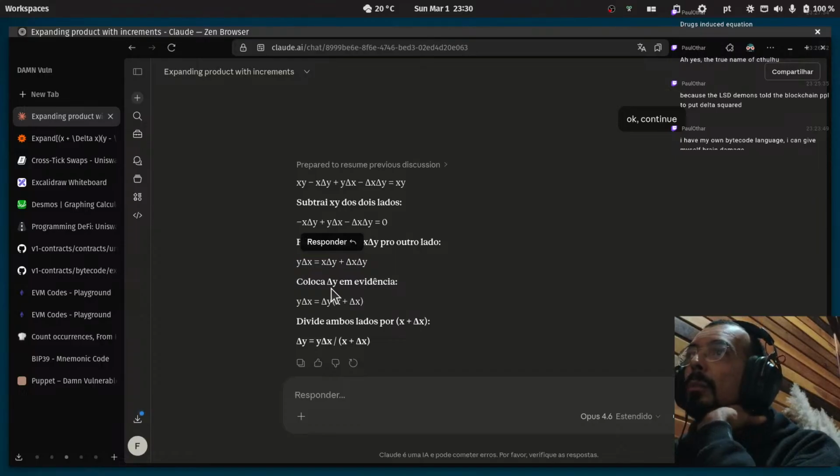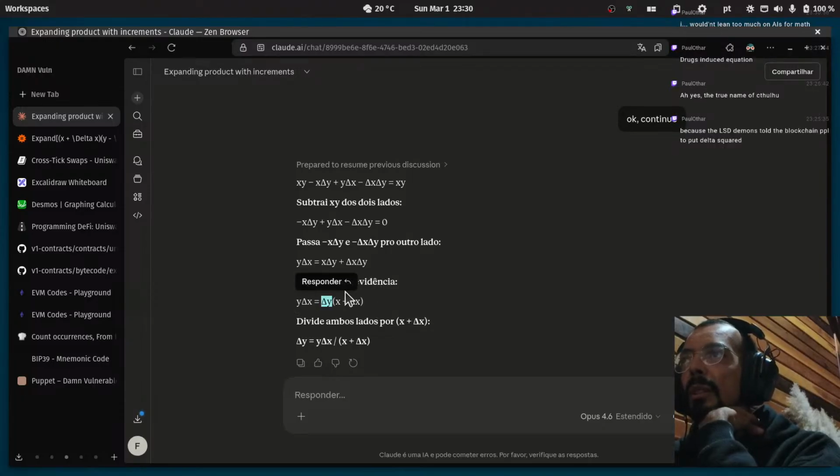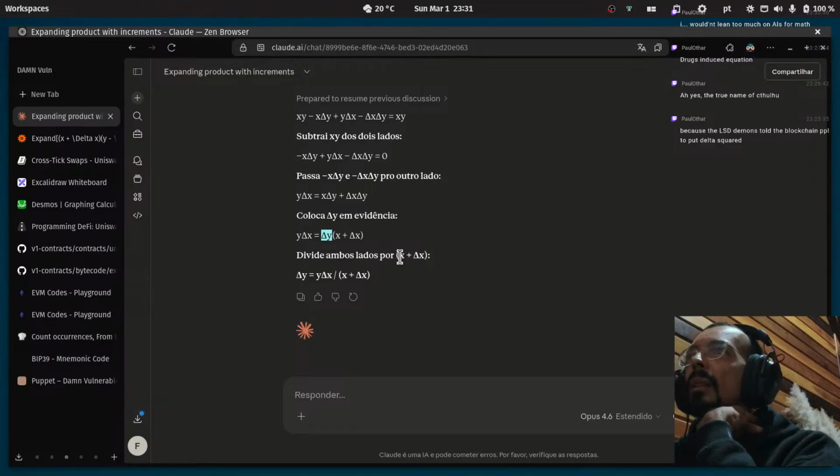And now you put that in evidence because you have the 2 multiplied here. Both are multiplied by this, so it's the same as the inverse of the distribution. Now, because you put that in evidence, you can divide both sides by this. So you divide, wait, no, they divide by this.